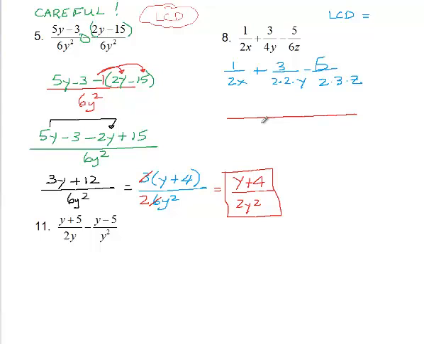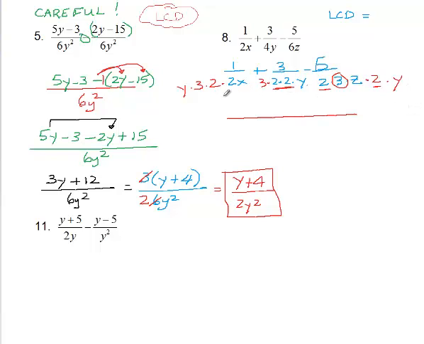Well, if I had another 2 over here, it would match this one. I'd have 2 2's. That means I have to put another 2 over here to have two 2's. Now I have a 3 here, but I don't have a 3 in the other, so I have to multiply this by 3 and this by 3. Now I can see y, there's a y in each one, so I'd have to multiply this one by y and this one by y over here as well.